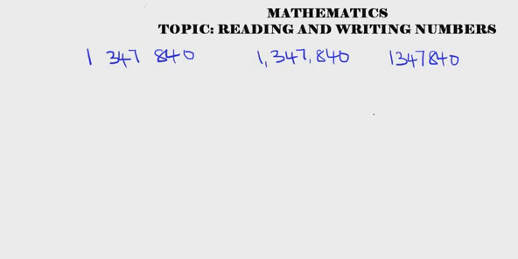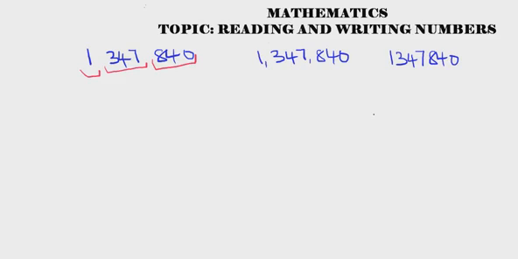We need to understand the place value of the digits that we have in the number. Looking at the first set of numbers, this is one set of three and another set of three, and we have a single whole number.